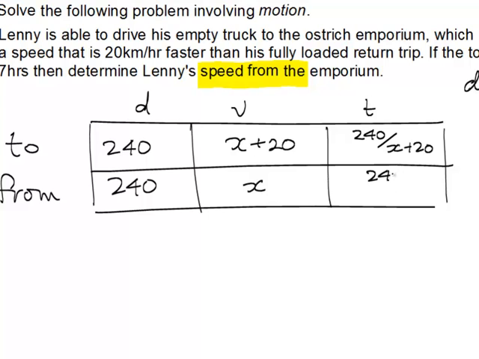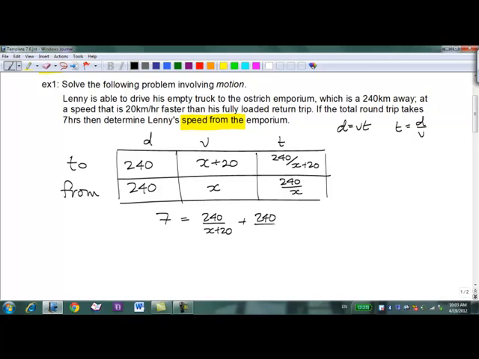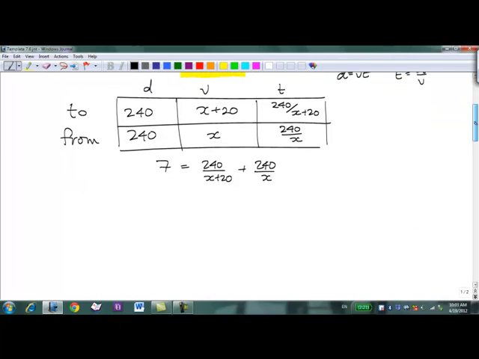So 240 over x plus 20 and 240 over x. If the total round trip takes 7 hours, so this total time was 7 hours, that's a combination of his trip there, which is 240 over x plus 20, and 240 over x. So what we have here is a rational equation now that we can solve.